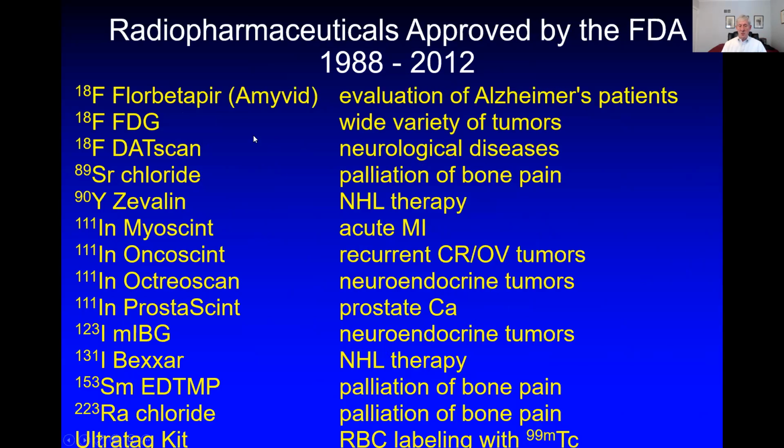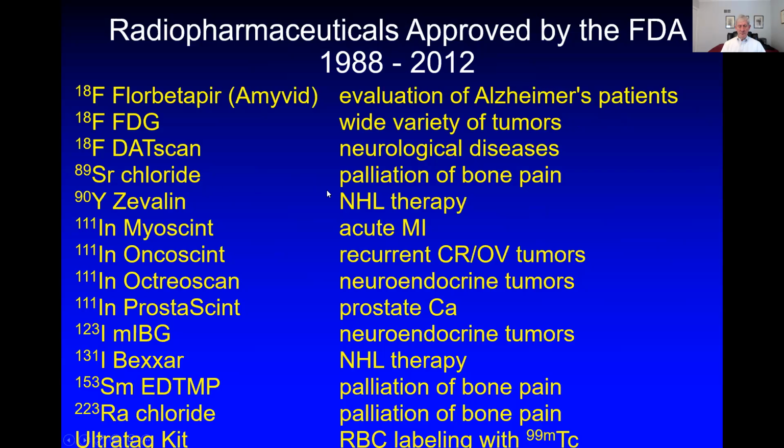There are neurological drugs like DaTscan and Amyvid for evaluating Alzheimer's patients, and FDG for almost every kind of tumor that occurs in humans, except for two in particular, renal cell carcinoma and prostate cancer. No one should be using FDG for either of those.